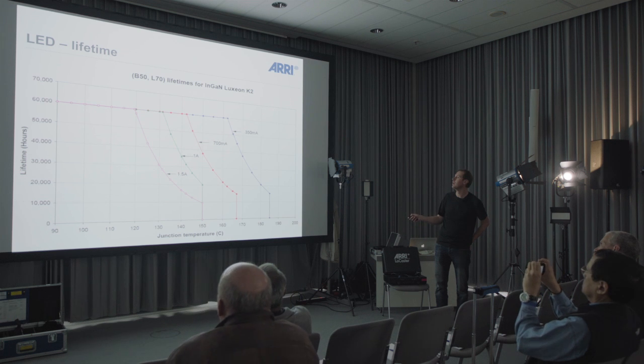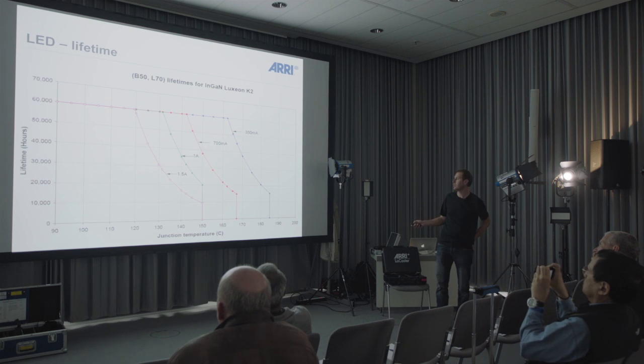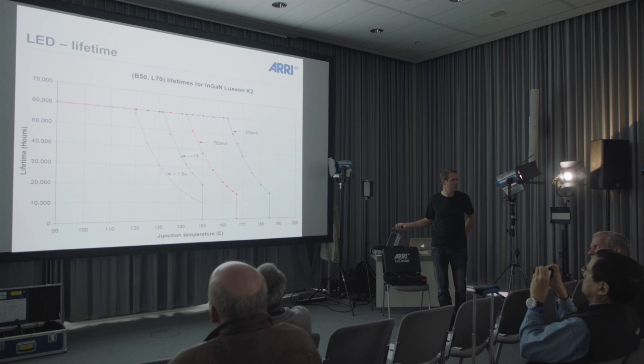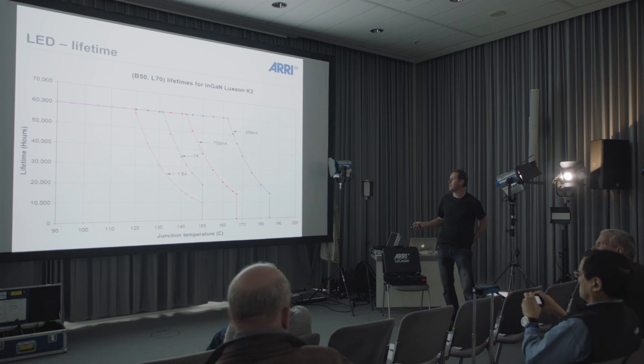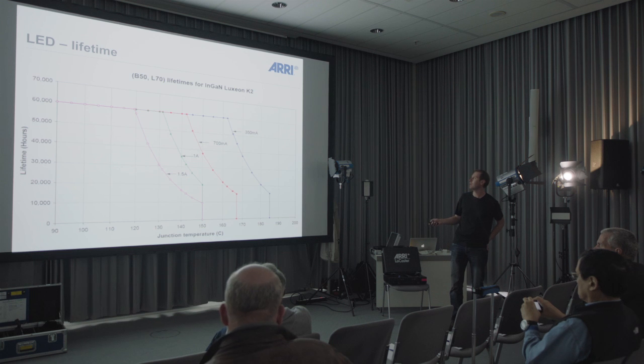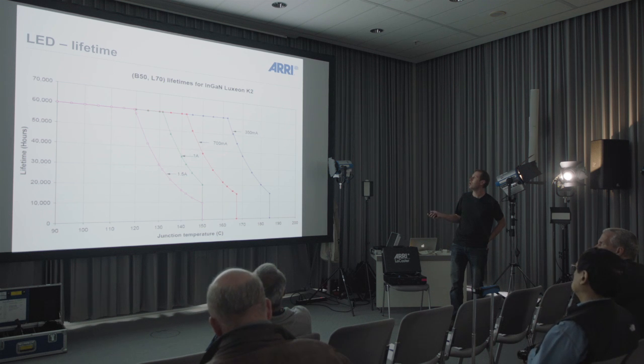So if the LED gets too hot, then we lose the long lifetime. LEDs will dim down very soon. And if it's an extreme temperature, they will really just stop giving any light at some point. Besides the temperature that we have to care for, it's also how we drive the LEDs.